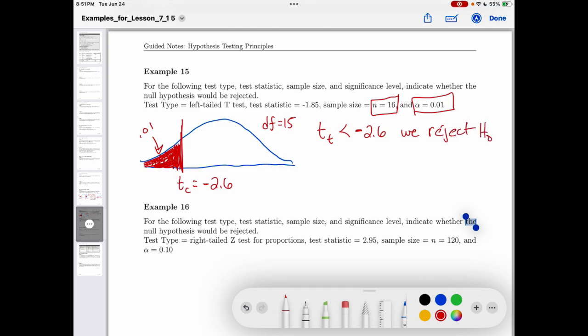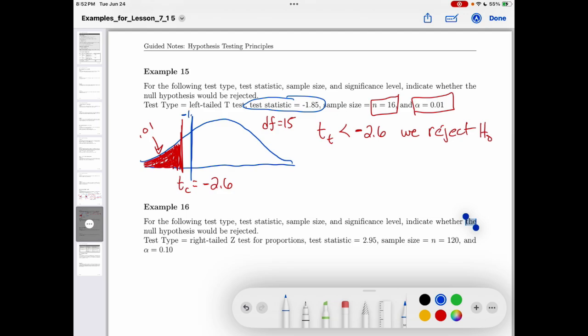Okay, so looking at our test statistic, we have negative 1.85. Negative 1.85 is here. It's on the right side of the rejection region because negative 1.85 is bigger than negative 2.6, so it's not going to fall in that rejection region.